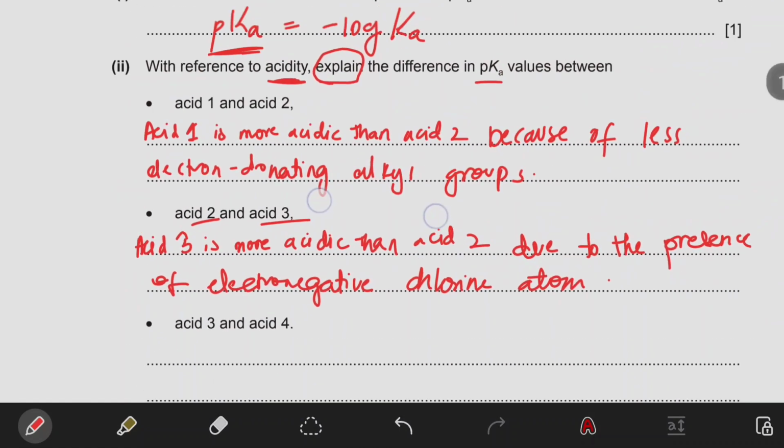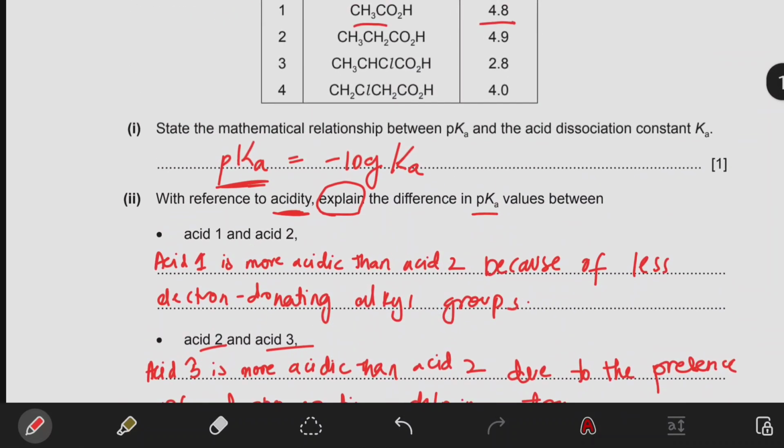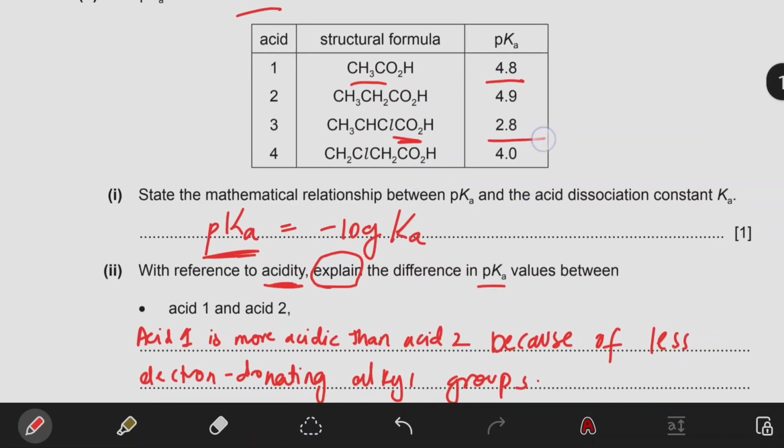Acid 3 and acid 4. There's just a difference in the distance of chlorine from the CO2 minus group, and the pKa value for acid 3 is lesser, meaning Ka value is higher.